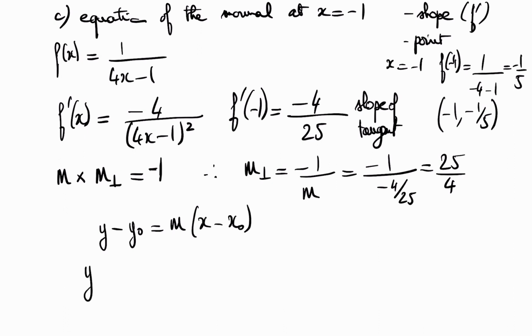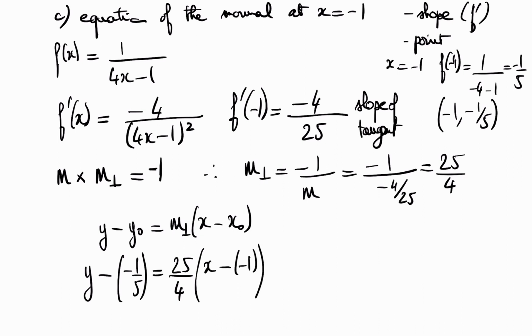So y minus y0 is minus 1/5, minus 1 over 5, and m perpendicular in that case is 25 over 4 times (x minus minus 1). Okay, we can simplify that a little bit. So that's y plus 1/5 equals 25 over 4 x plus 25 over 4.